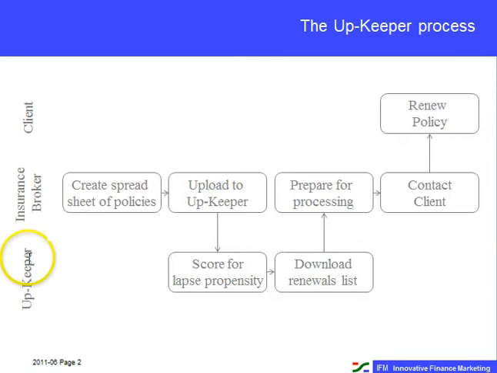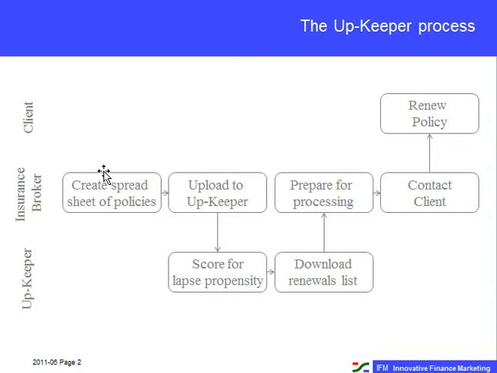We've got three players in this game: the client, the insurance broker, and the Upkeeper tool. So, a simple process. We start by creating a spreadsheet of the historic data.